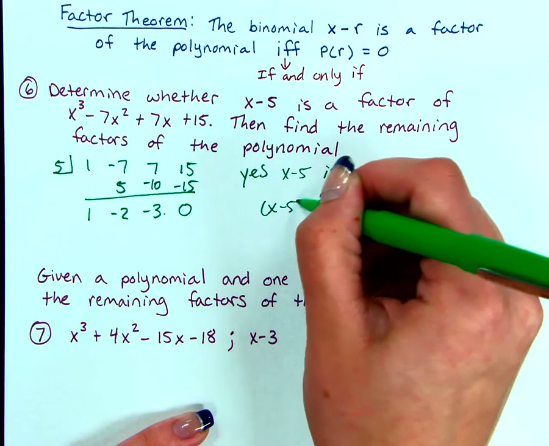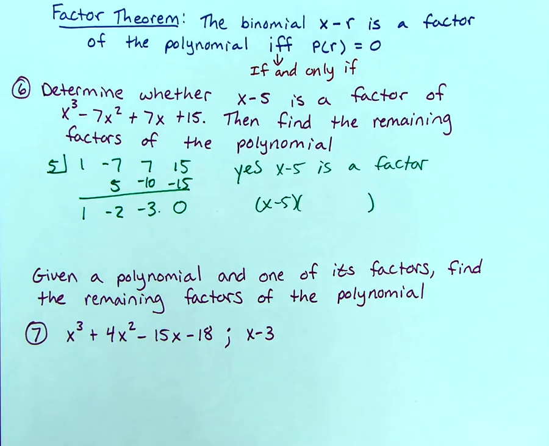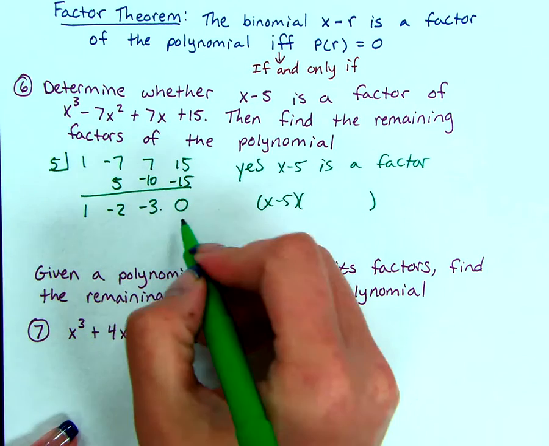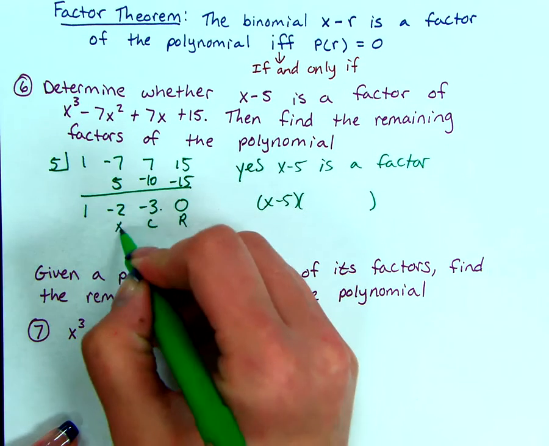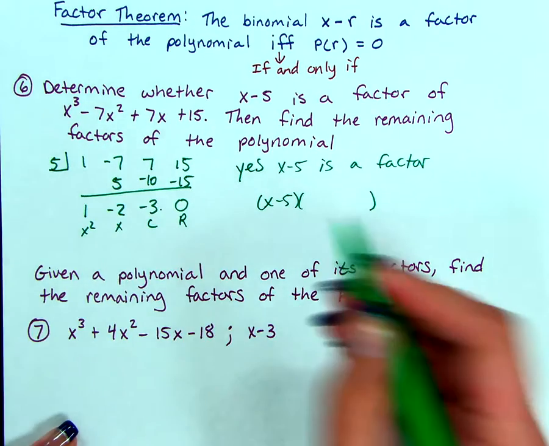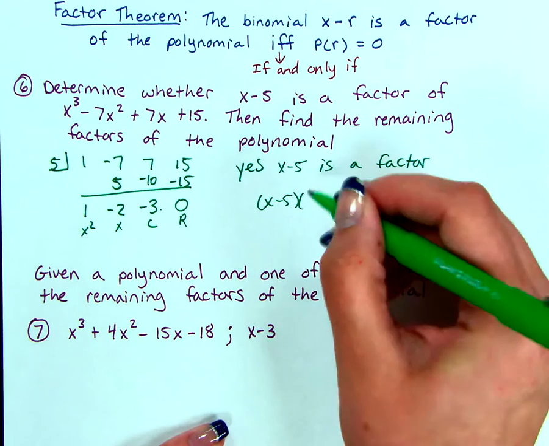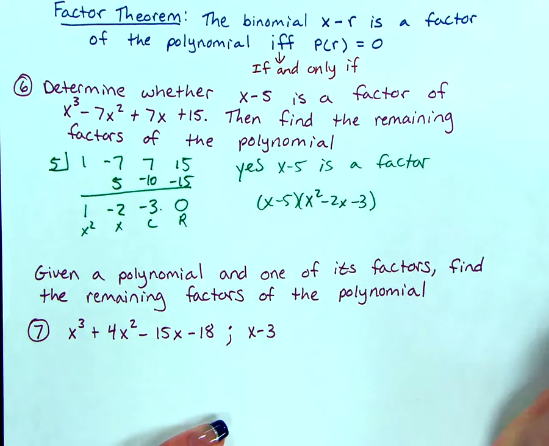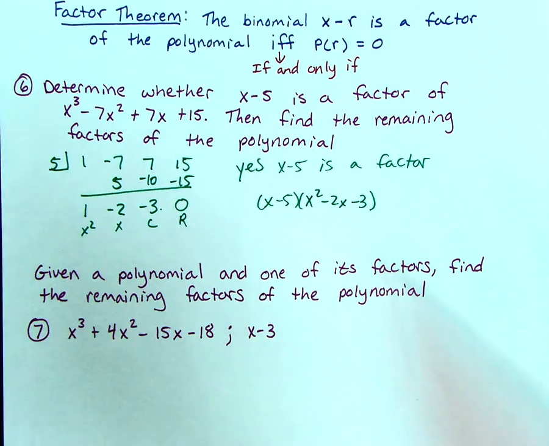So x minus 5 times something is going to equal this polynomial. So we're just going to put this back into our equation. So again, remainder, constant, x squared term. So x minus 5 times x squared minus 2x minus 3 gives us this equation.